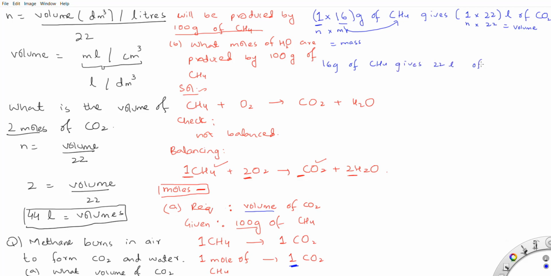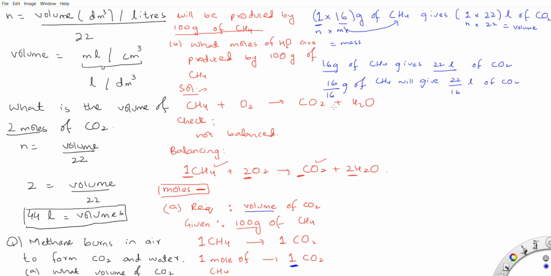If I am working with these values, now I just need to convert this 16 to 100. It can be worked out by any mathematical calculation you are interested in. You may use proportional analysis, or you may work out the stoichiometric analysis. What I would do is divide both sides by 16, that is 16 over 16 grams of methane will give 22 upon 16 liters of carbon dioxide.